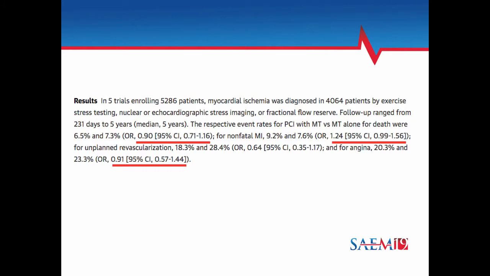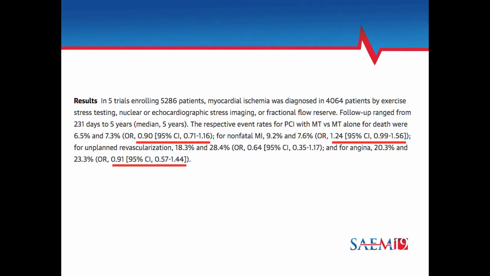The reason I put this here is because I want to show you that when the 95% confidence interval for the odds ratio crosses 1, that means the true number could be 1. And when the true ratio is 1, that means the risk in the two groups could be the same, which is an absolute difference of 0. So your number needed to treat will be 1 divided by 0, infinity, or you have to treat an infinite number of patients for 1 to benefit.